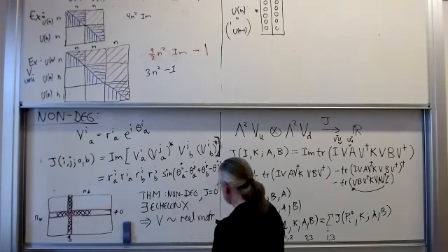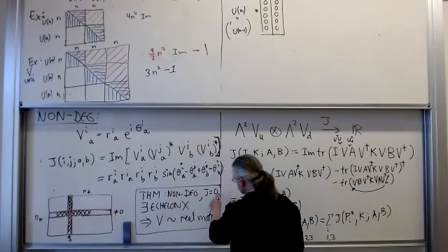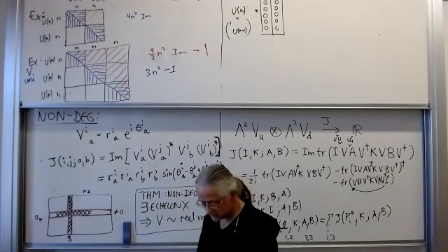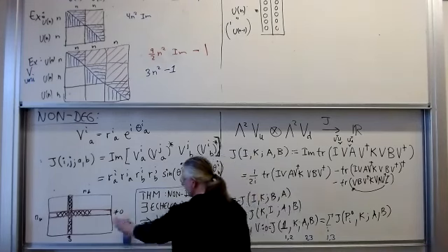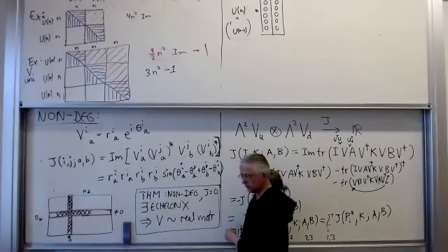So the existence of an echelon cross is a sufficient condition to make sure that we get a real matrix.